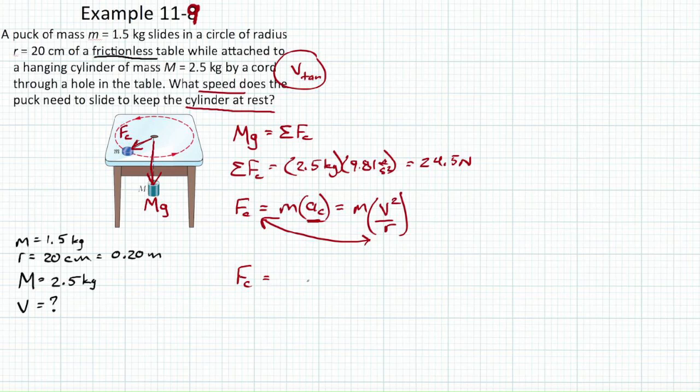Centripetal force is the mass of the puck times the velocity squared over the radius. Let's solve for velocity. Velocity squared would be F, our centripetal force, times R divided by the mass. So the velocity must be the square root of our centripetal force times the radius over the mass.